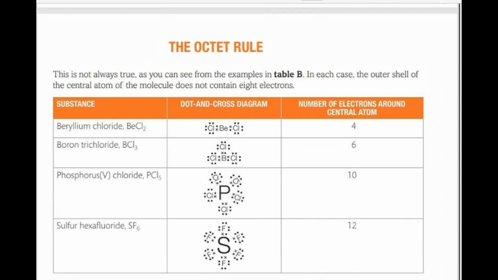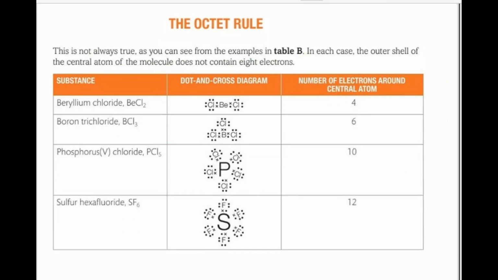Now, the bonding takes place, whether covalent or ionic, because the elements want to be like noble gases. Right or wrong? We studied that bonding takes place because metals have extra electrons in the outer shell which they can easily lose and become like noble gases.